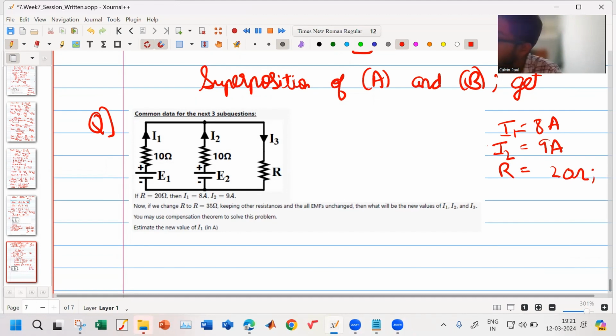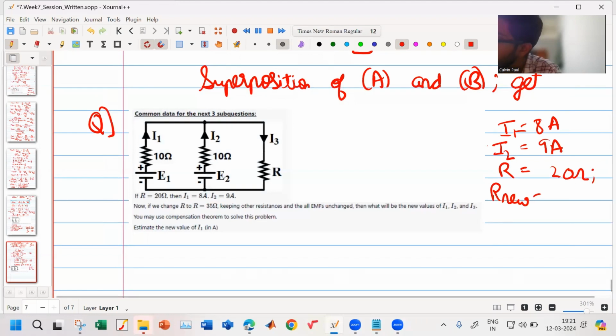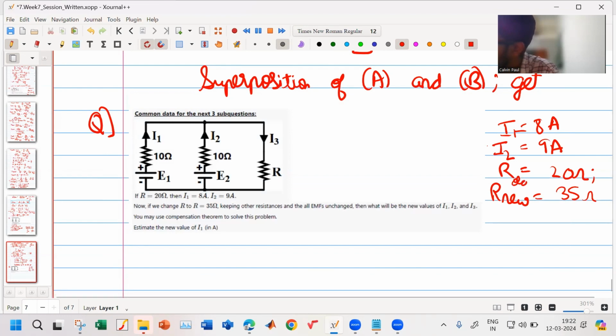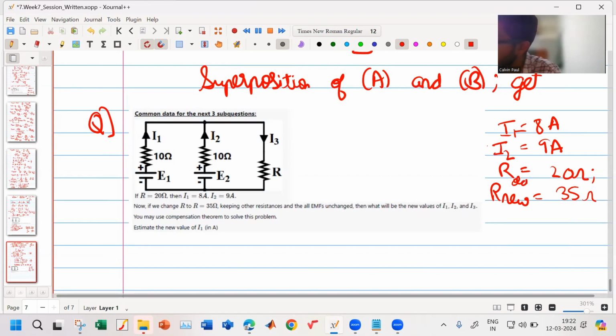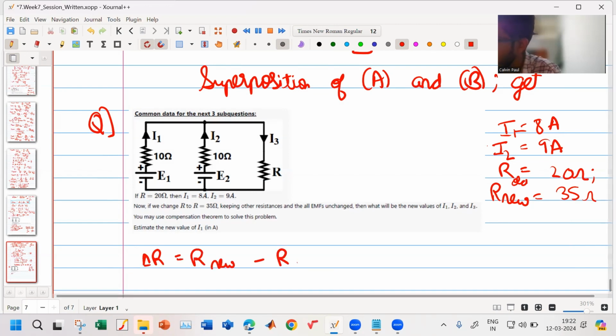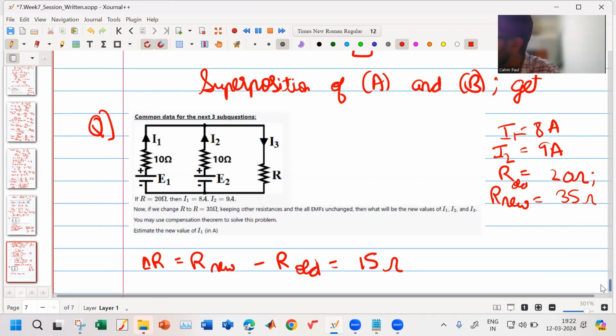Now R new is equal to 35 ohm, and this is R old. So what is delta R? Delta R is R new minus R old. How much is that? 15, sir. So that is 15 ohm.